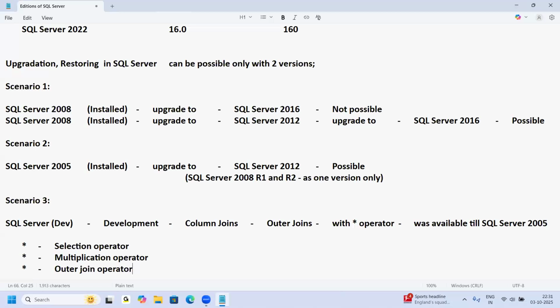But interesting thing, listen. Until 2005, we used to work on column joins with outer joins with the star operator, direct support.